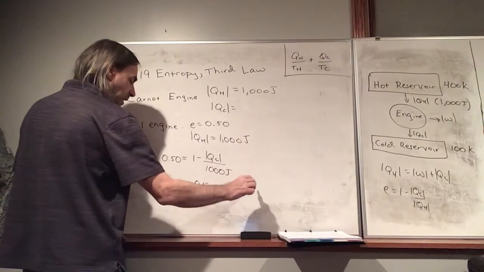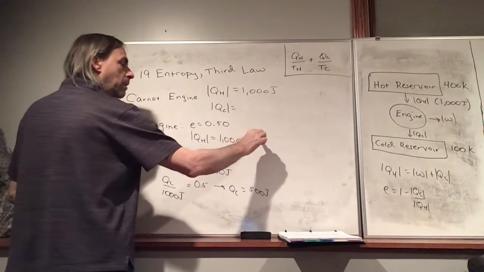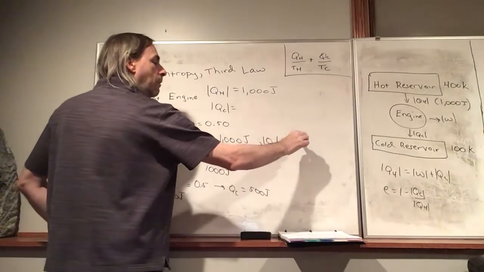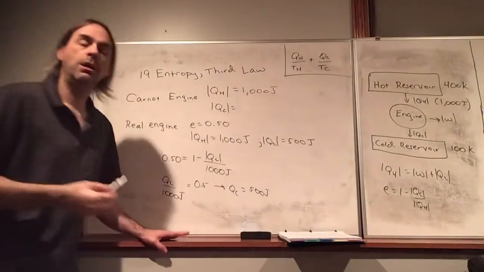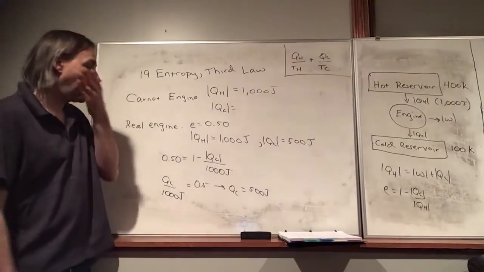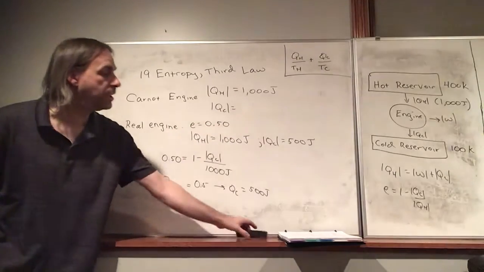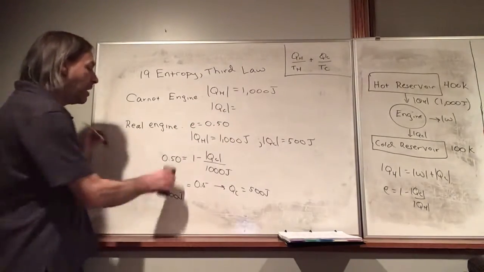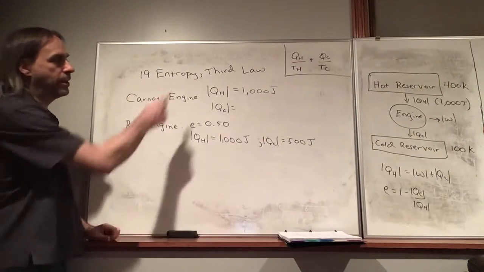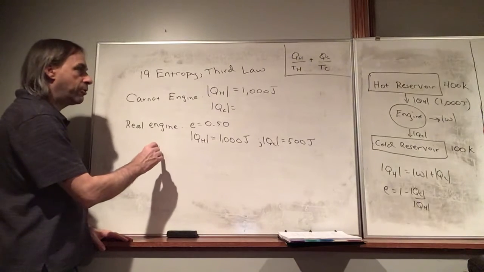So QC would be 500 joules. Once we know the efficiency and we know QH, we can find QC. And we just did. So for an efficiency of 0.5, QC would be 500 joules. And so we're going to calculate this same thing that we did here. We don't have a name for it yet. But we have QH over TH.